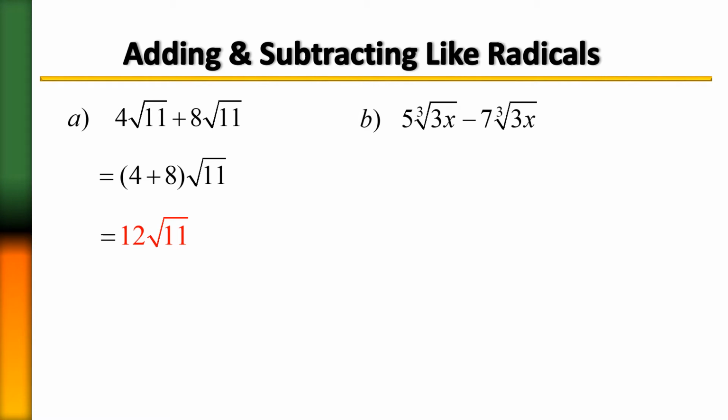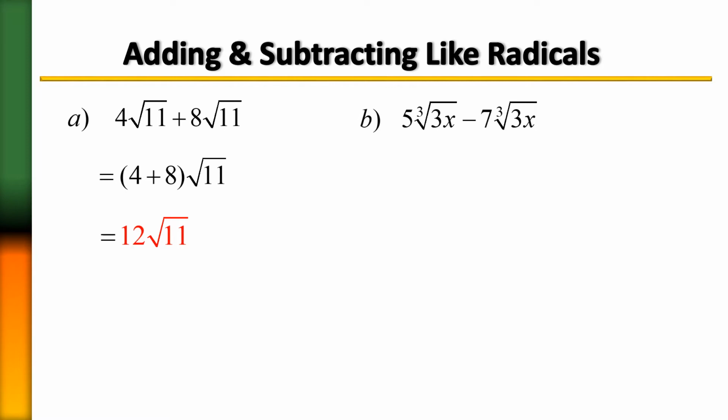These are also like radicals. Notice the indexes are the same. They both are cube roots, so we can add or subtract them. And also notice the radicands are the same. The radicand is 3x. So again, all we have to do is combine the outer terms and keep their index and radicand.